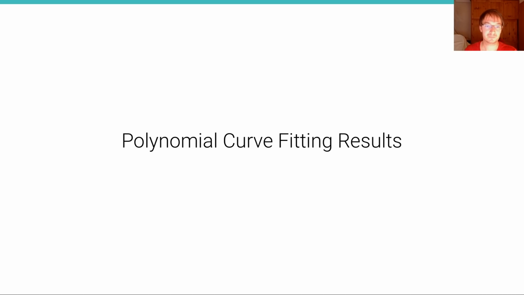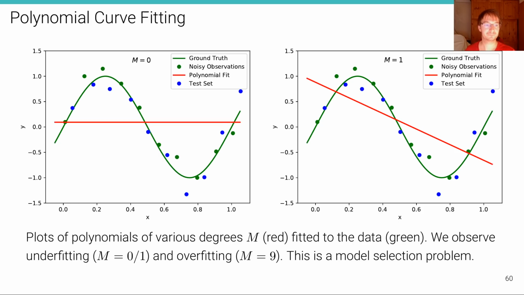So let's look at some polynomial curve fitting results now. What I show here are plots of the curve fitted using different degrees m. So here you can see a data set. The ground truth is here in this green thick line, and the noisy observations are in blue.